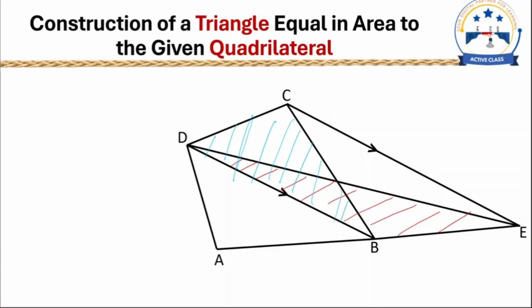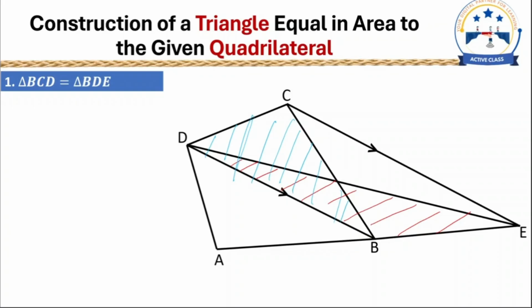First of all, can I call this red shaded triangle and blue shaded triangle equal in area? Of course, yes, because they are standing on the same base BD and between the same parallels, BD parallel to EC, right?